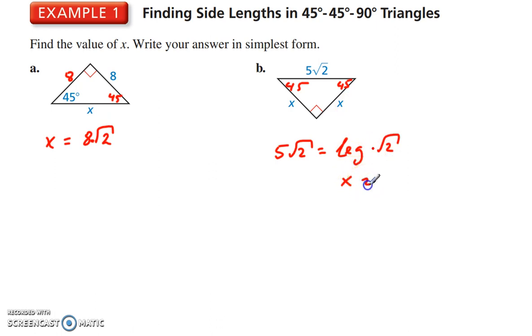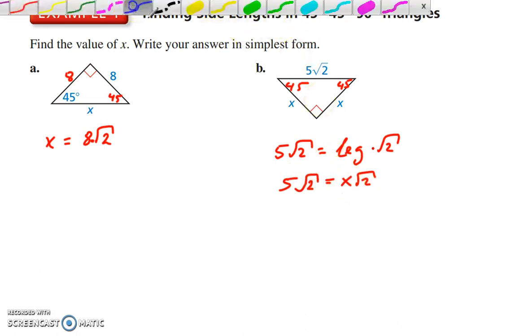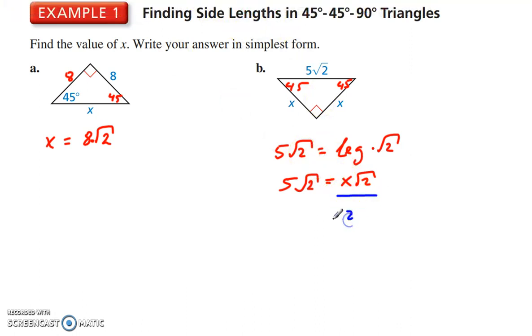So 5 radical 2 is equal to x radical 2. If I want to find x, I need to divide each side by radical 2. Then the radical 2 cancels out, and x is 5. There we go.